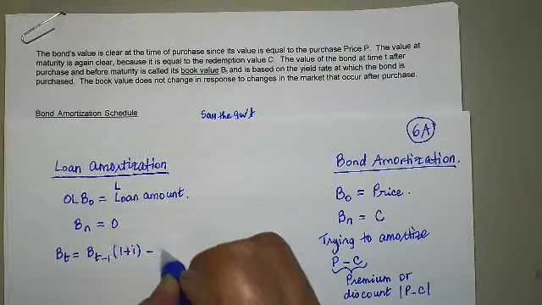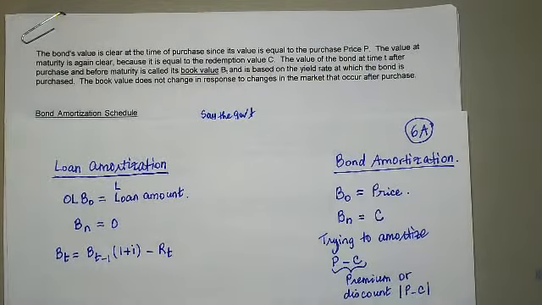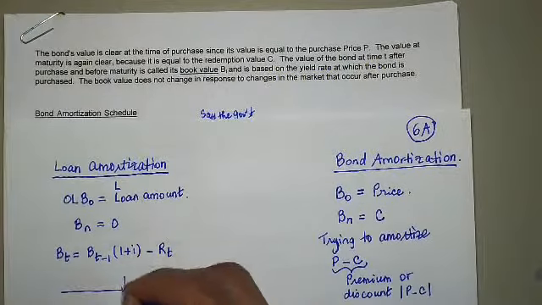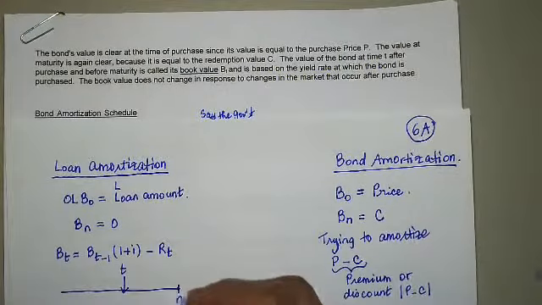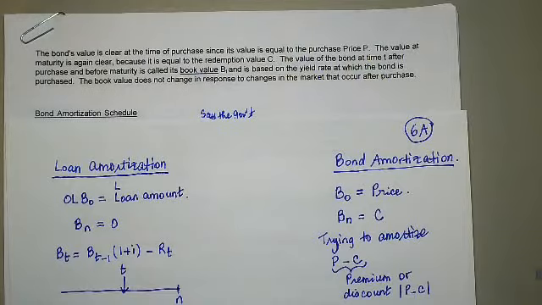OLB T minus 1 times I. Okay. You're not finished, right? B T is equal to B T minus 1 plus I minus R of T. I had that formula, but I had another very clear formula for OLB at some time T. How much do you owe at time T on this loan? How do you find that?